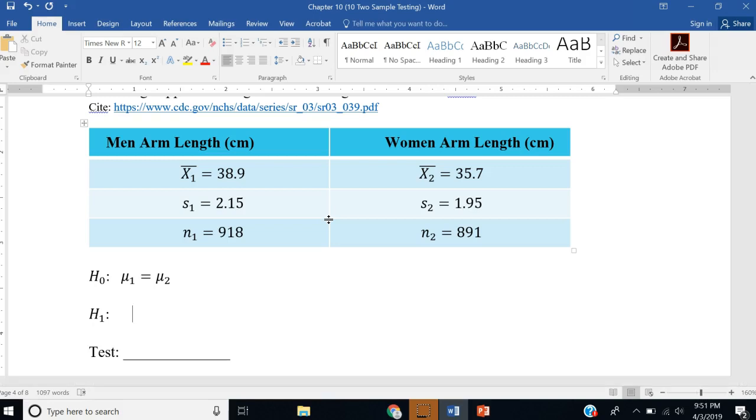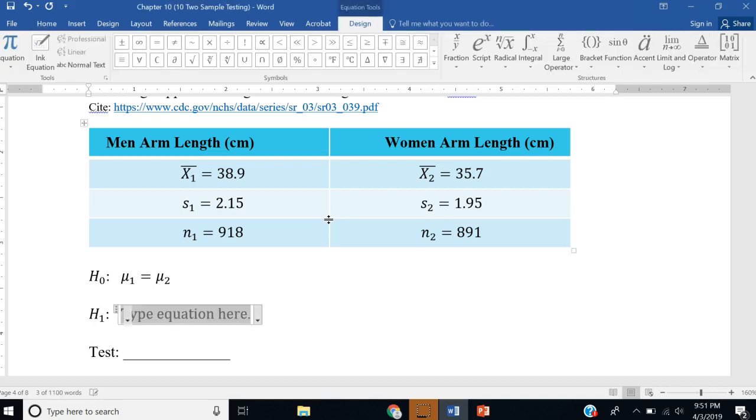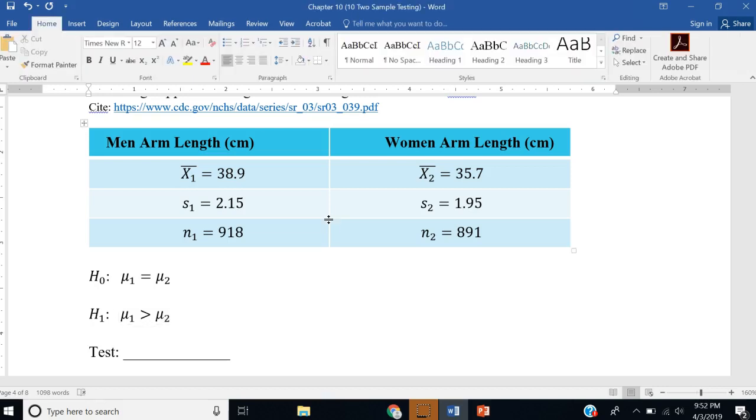So basically, my whole point of saying that is to make sure that when you take the average of group 1, we know that is referring to the male group, and the average for group 2 is referring to the female group. Okay, so the average for men greater than the average for women. That's basically our alternative hypothesis.